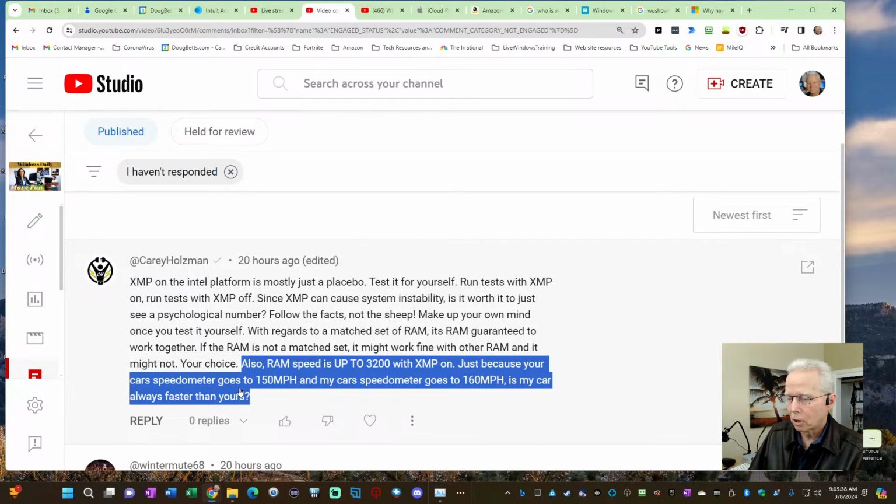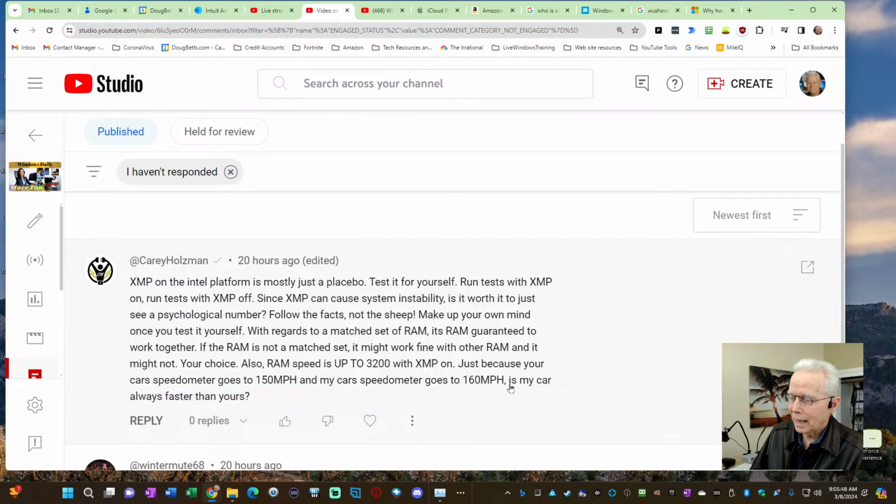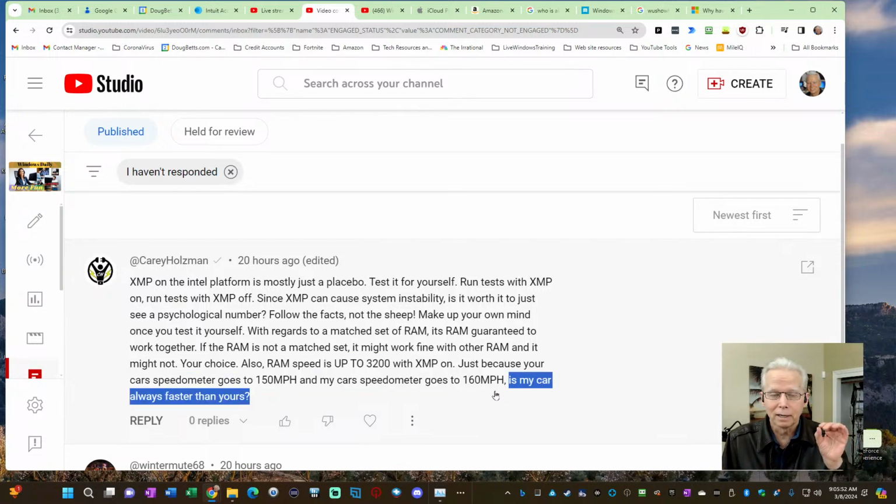Just because your car's speedometer goes to 150 miles per hour and my car's speedometer goes to 160 miles per hour, is my car always faster than yours? Well, the answer to the actual question there, is Carrie's car always faster than mine? The answer to that is yes. I've been in his car.